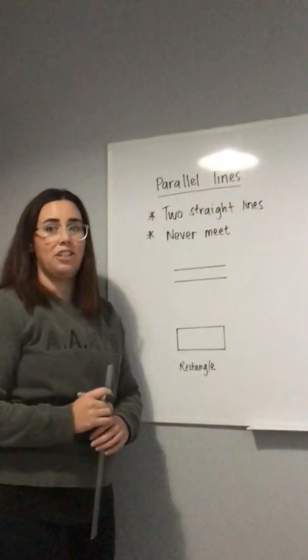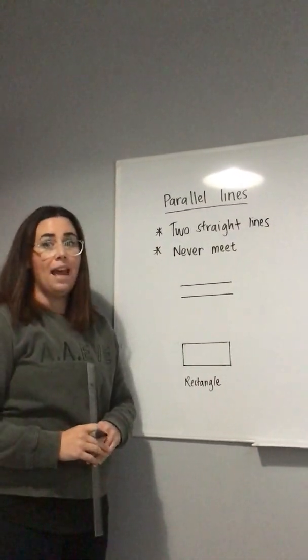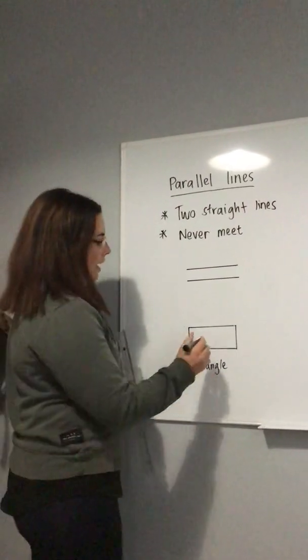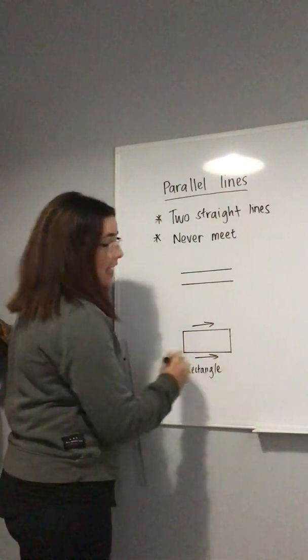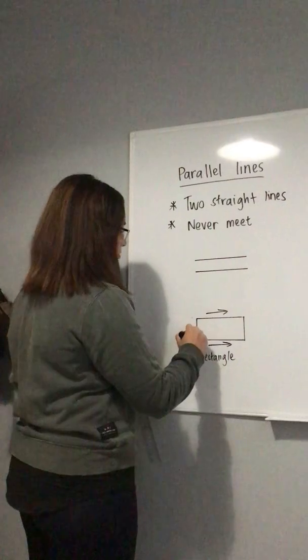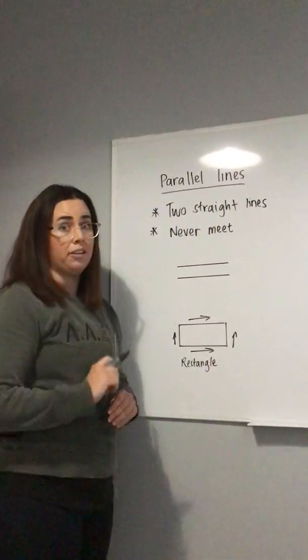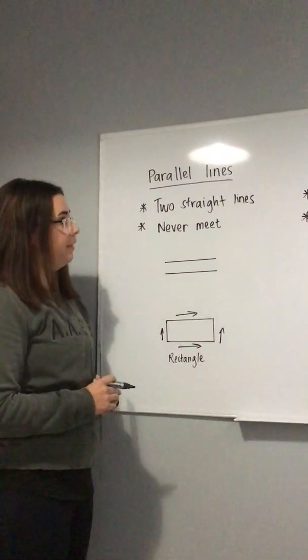So you can copy this shape on your piece of paper and make sure you've labelled it as well. Now a rectangle has two sets of parallel lines. It's got the top one and the bottom one. They are parallel to each other. And then we've got the right hand side one and the left hand side one that are parallel to each other. So two sets of parallel lines.